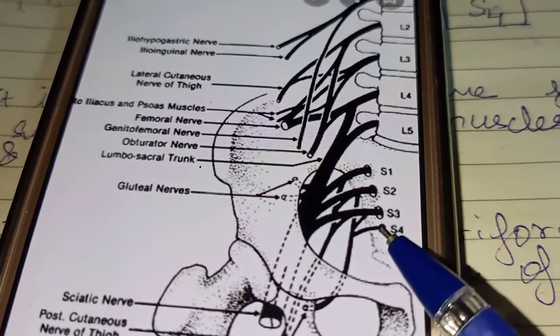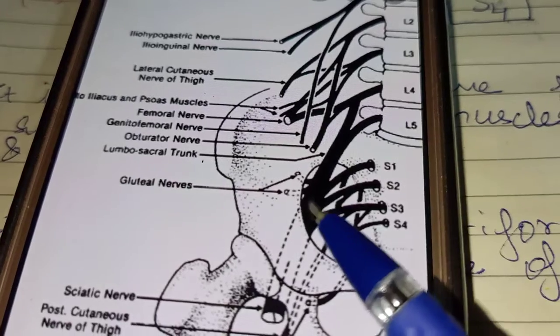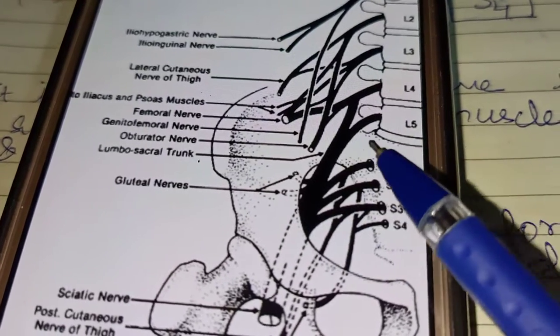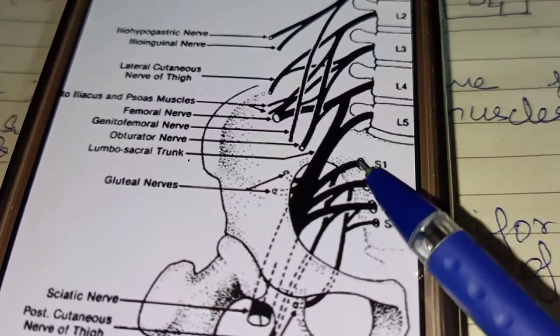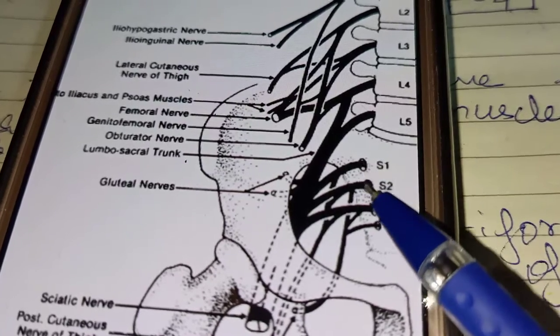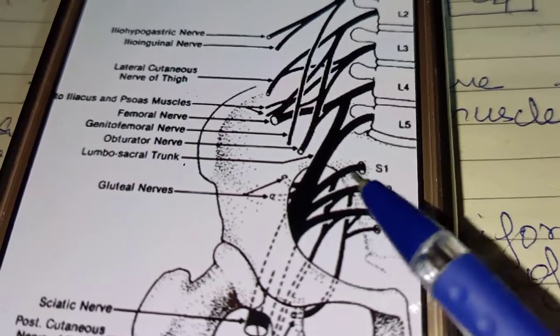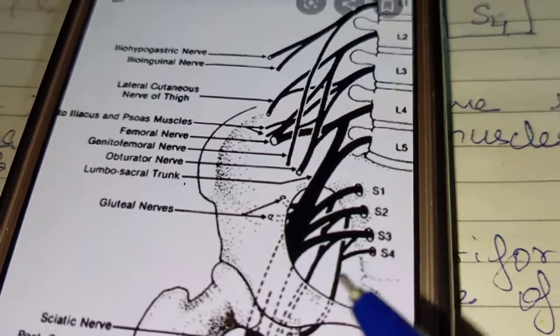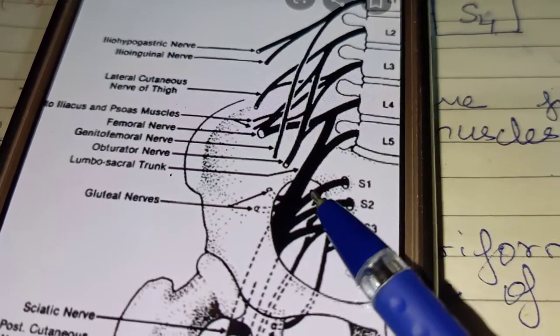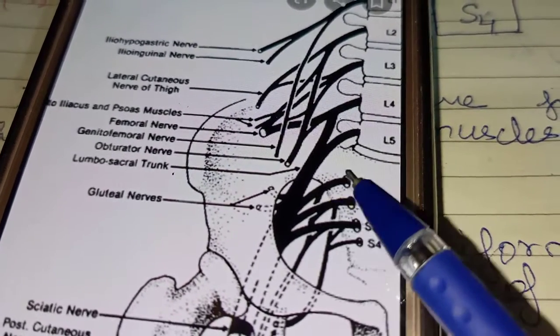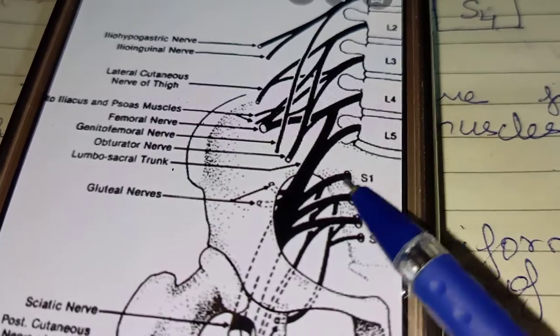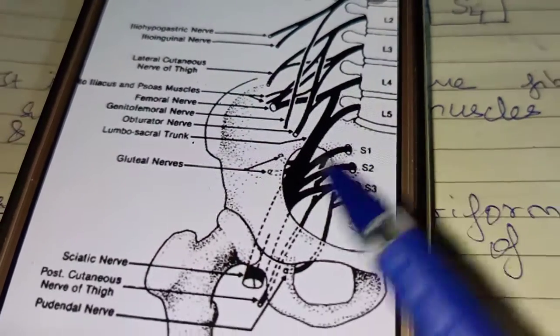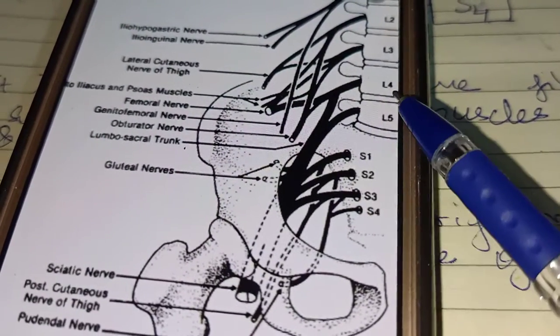These sacral fibers emerge from the anterior sacral foramina. This is anterior. It is arising from the anterior sacral foramina, and there is an anterior and a posterior. This is the anterior view, and there would be one posterior.